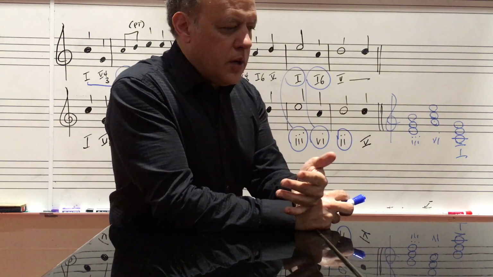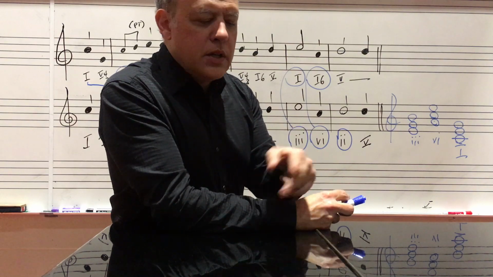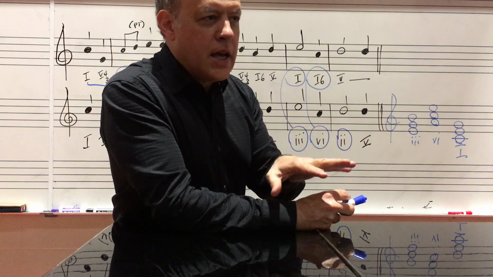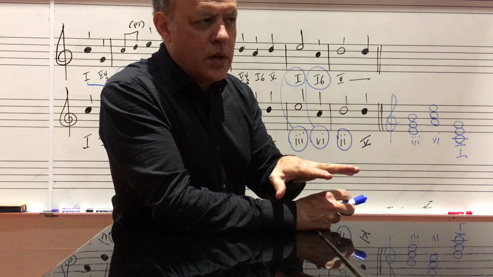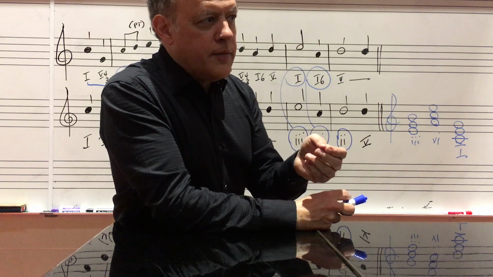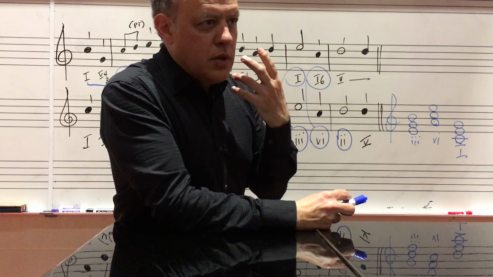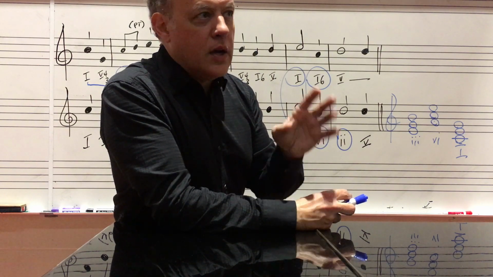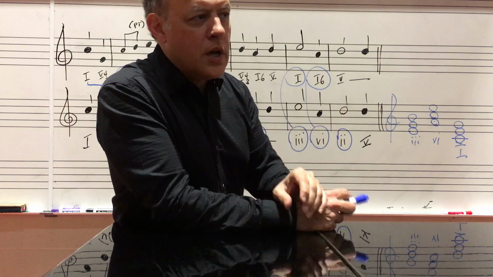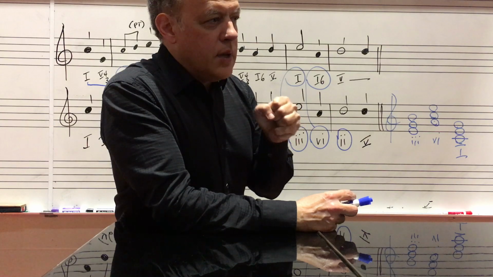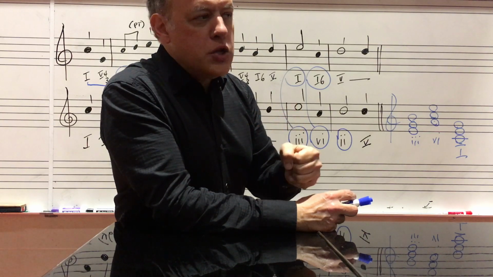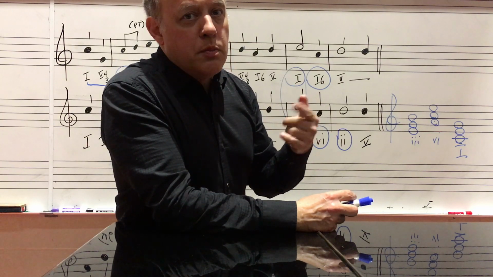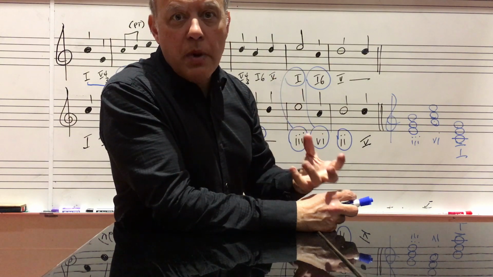So one of the conventional ways in which mediant and submediant harmonies get used is as a substitution for chord 1, but with this additional effect, and that is to say they change the modal quality, if you will, of that tonic function chord. So instead of us being given a major quality chord in a major key, if we substitute mediant or submediant harmonies, we get something that's minor in quality.